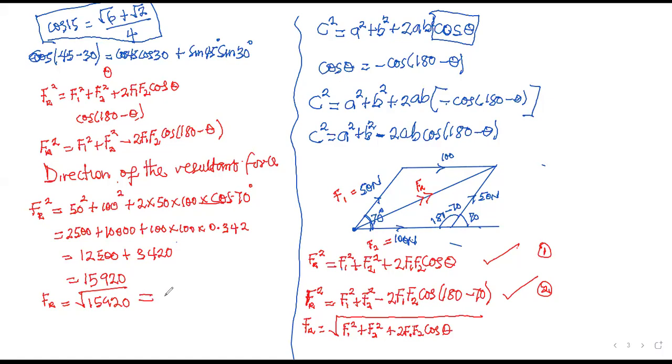I'm just choosing to round it to the nearest whole number. In exams, you should write about 126.17. Okay, so this is the resultant. And when you use the second formula, the value must be the same.